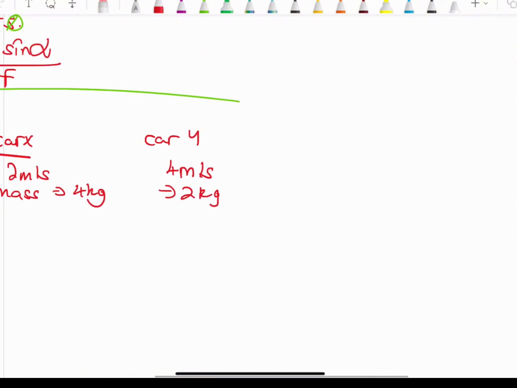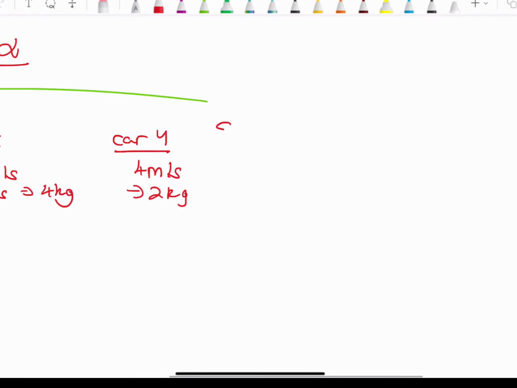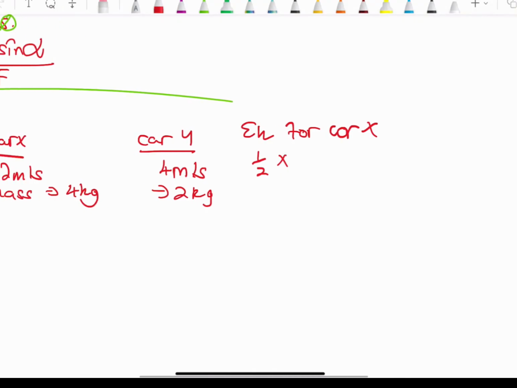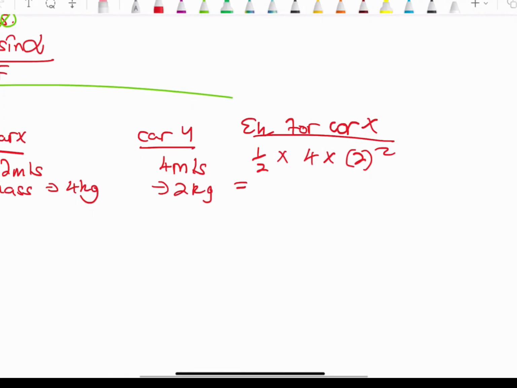So let's find the kinetic energy. EK for car X is 1/2 times the mass of car X times the speed squared, which is 1/2 multiplied by 4 multiplied by 2 squared, which is 8 joules.